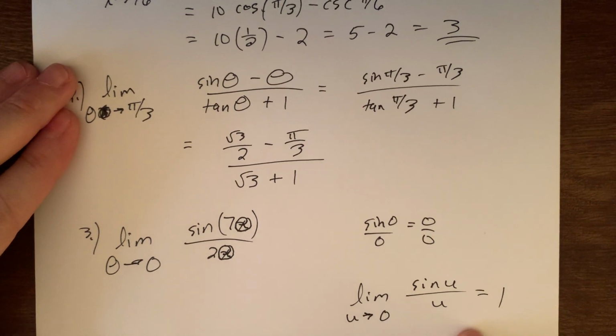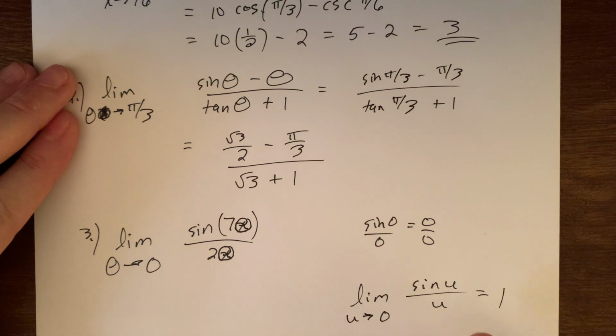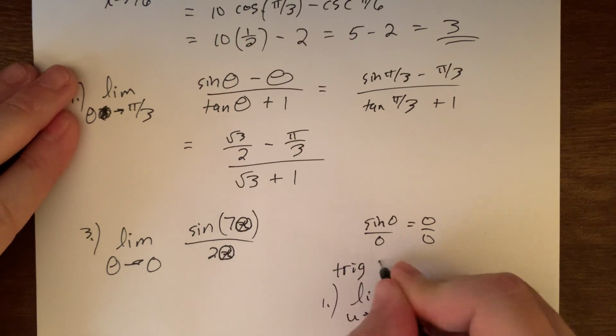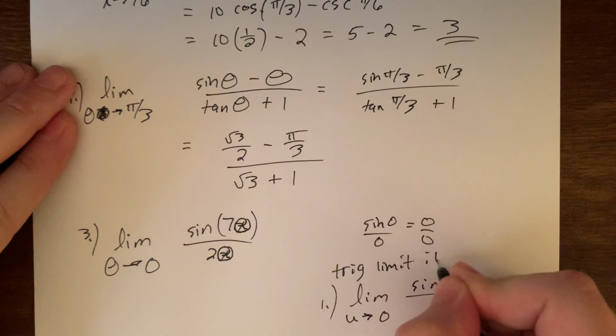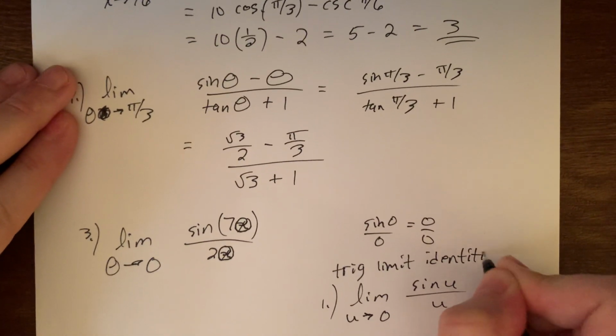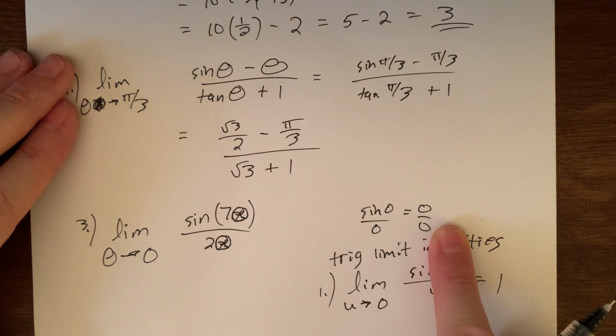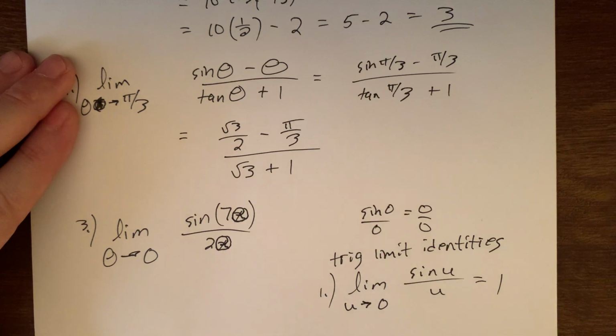I'm going to come back and demonstrate that. I'm going to prove that result for you, sort of informally, in a minute. But for right now, I'm going to show you how to use it. These are trig limit identities. These are going to get us out of trouble when we get 0 over 0 with trig functions. So that's the first one we're going to use, and we're going to use that one quite a bit.